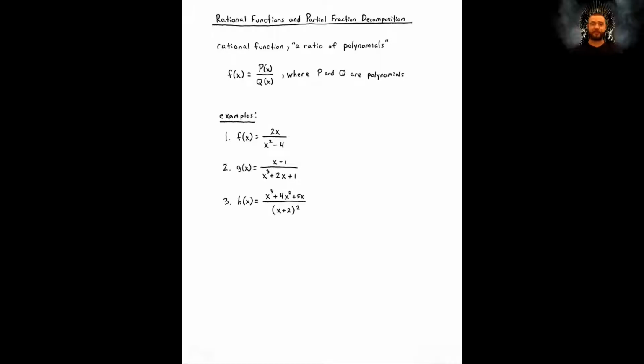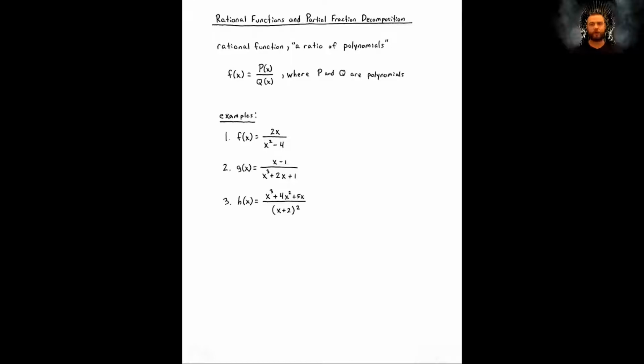All right, so let's start to get to definitions that we're going to need, and there's some technical things related to polynomials and rational functions that we need to be aware of for our purposes right now, applying partial fraction decomposition to evaluating integrals. All right, so a definition is a rational function.